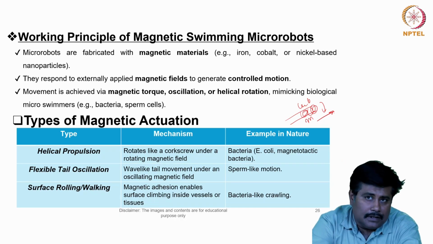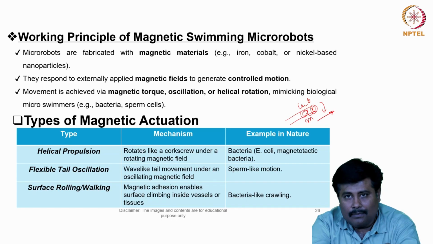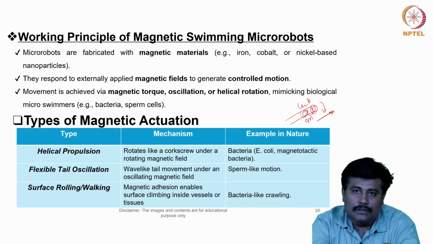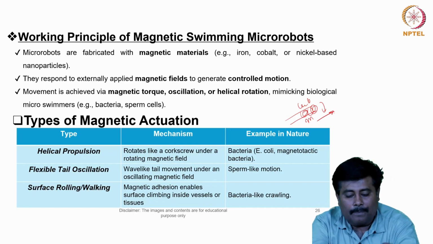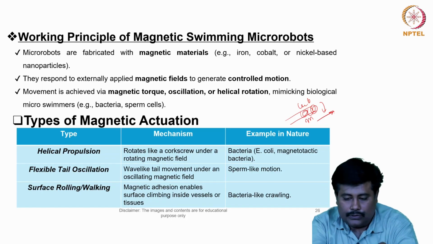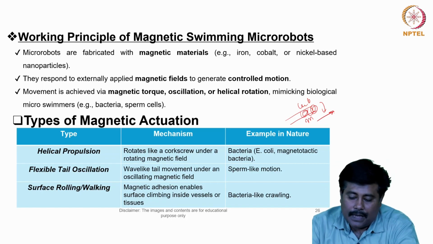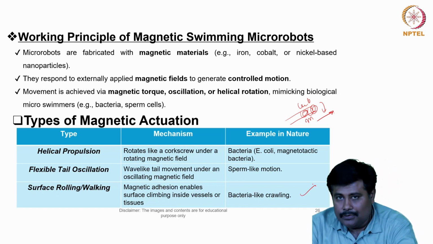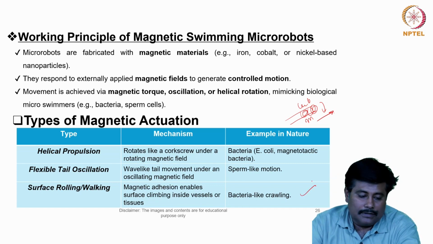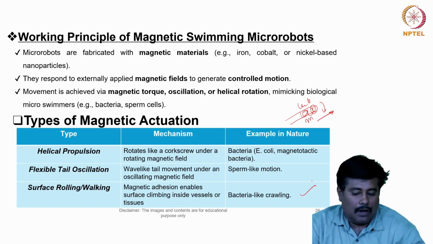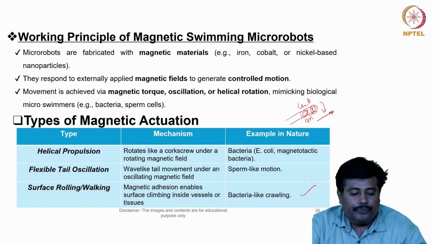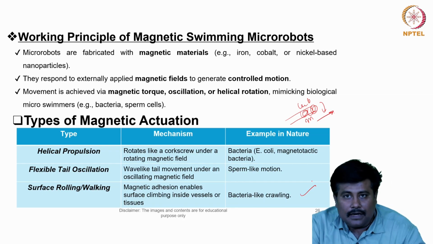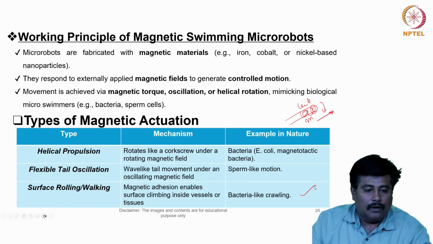These mechanisms have a magnetic adhesion which enables surface climbing inside vessels or tissues. Some examples include bacteria-like crawling. So this is how overall the actuations and propulsions are classified for different applications.